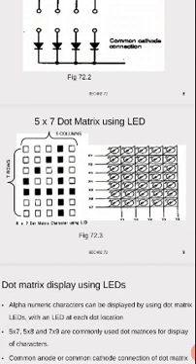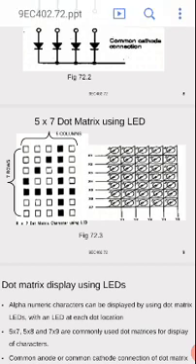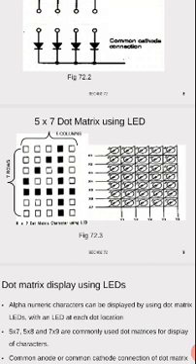Dot matrix display using LEDs. Alphanumeric characters can be displayed using dot matrix, with an LED at each dot location.